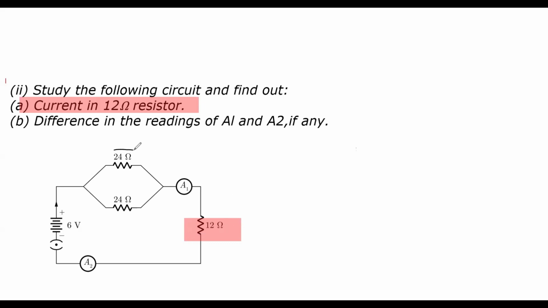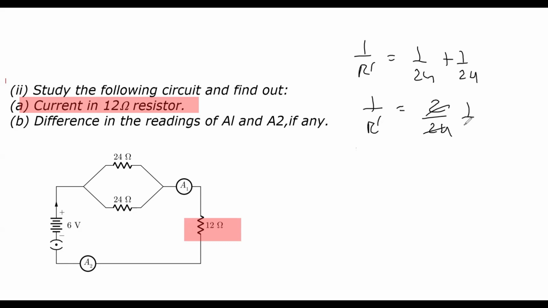For finding out the total current, I'm going to find the total resistance. Let's say I take this as R1 and this as R2; needless to say these are connected in parallel. So let's find the resistance over here. 1 over R dash is 1 over R1, which is 1 over 24, plus 1 over 24. This gives 2 over 24, which implies 1 over 12.